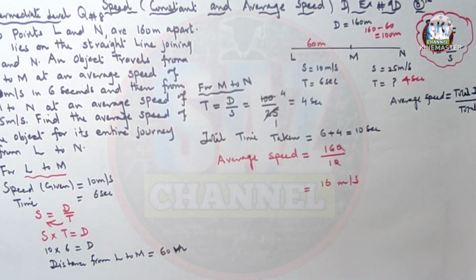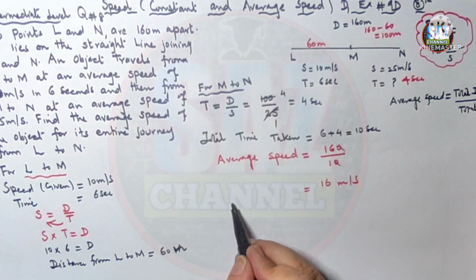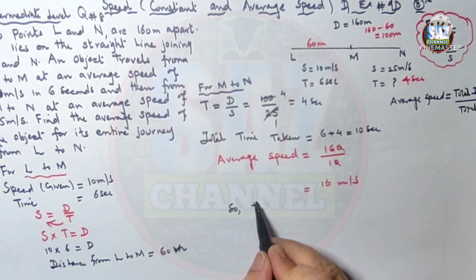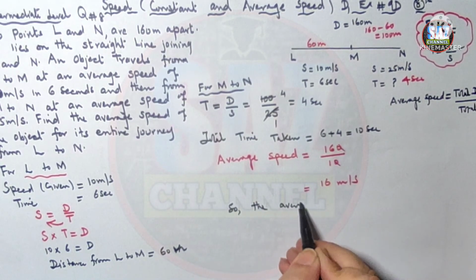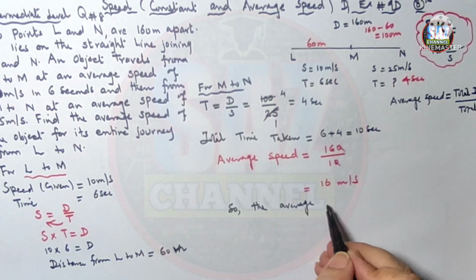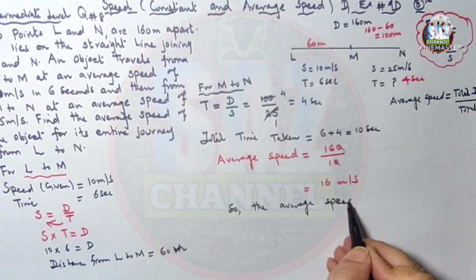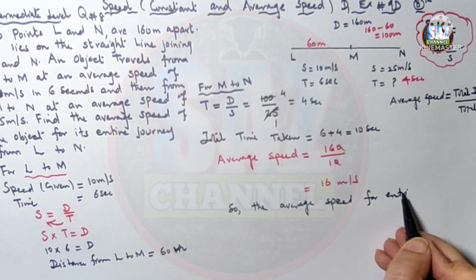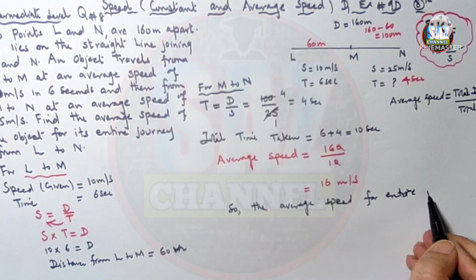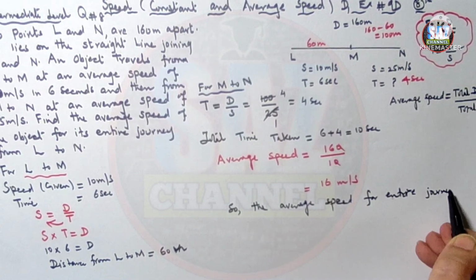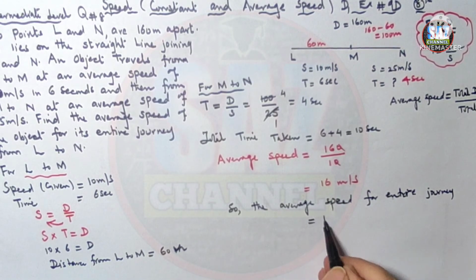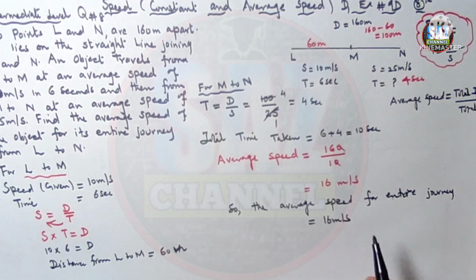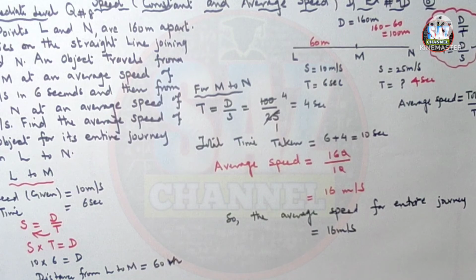So the average speed for the entire journey equals 16 meters per second. I hope you are really clear about this question.